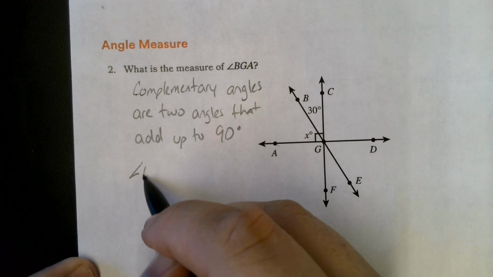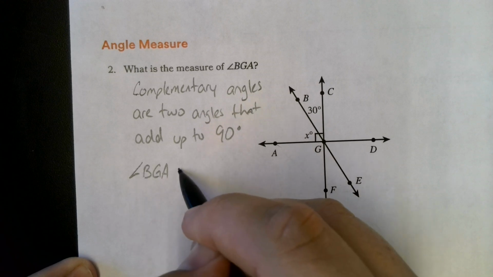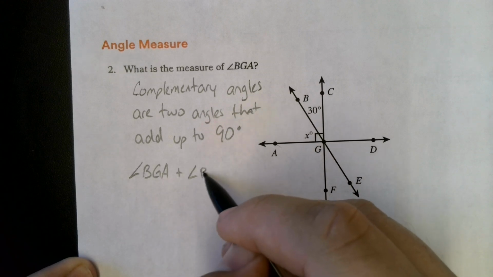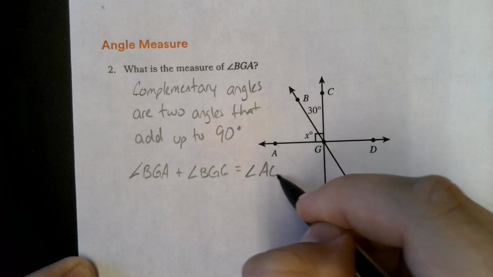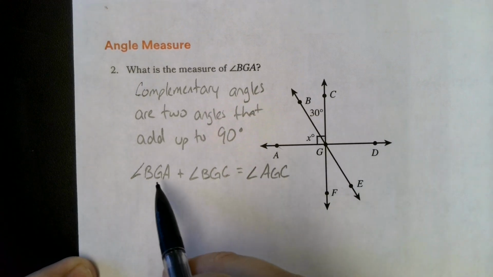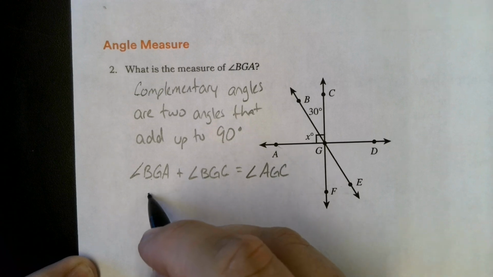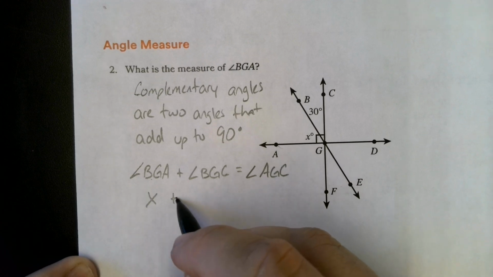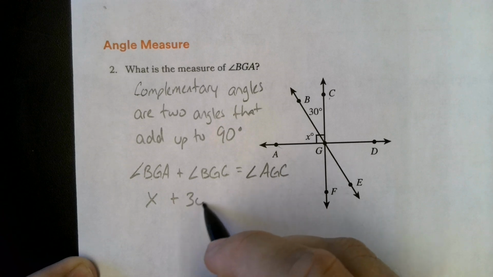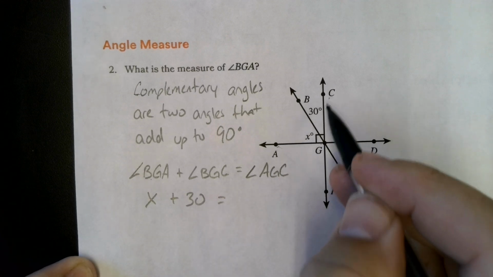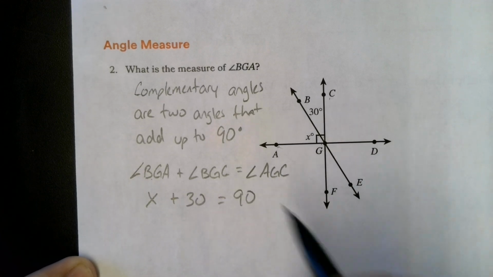Well, I know that angle BGA plus angle BGC is equal to angle AGC. We know that BGA is X. We know that BGC is 30, and we know that the overall angle is 90 degrees.